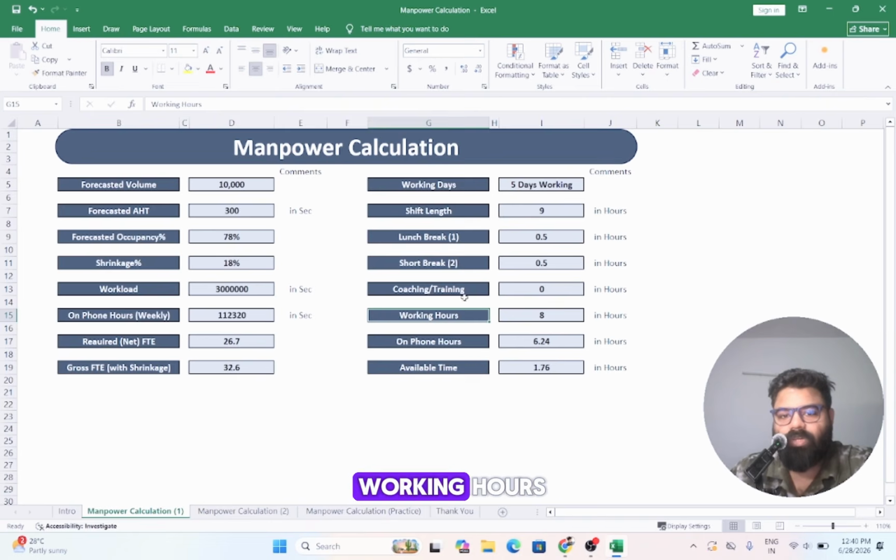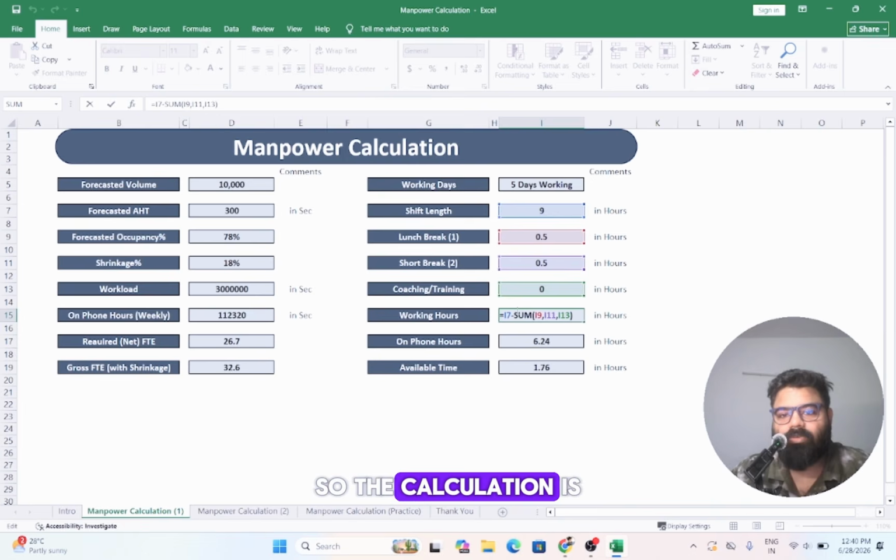So let's calculate working hours. How are we calculating working hours? Shift length minus lunch break, short break, and if coaching or training is there, we will remove that as well. So the calculation is shift length minus lunch break, short break, and training and coaching.